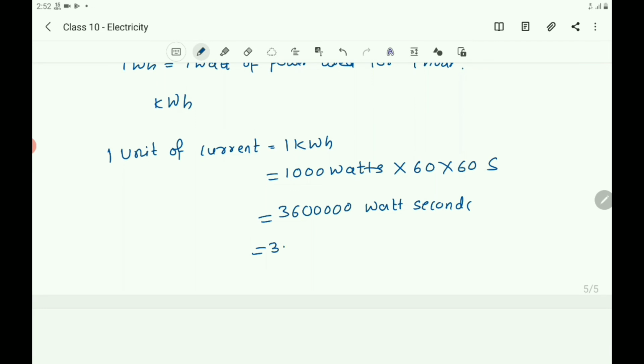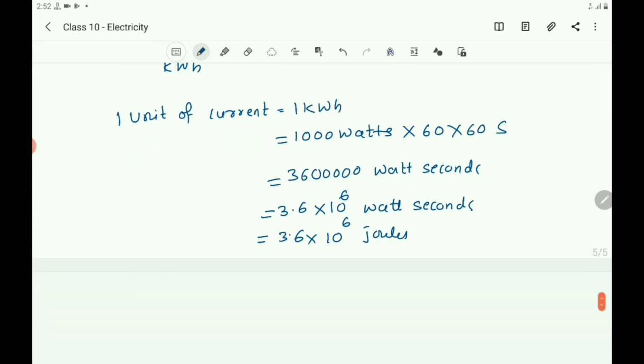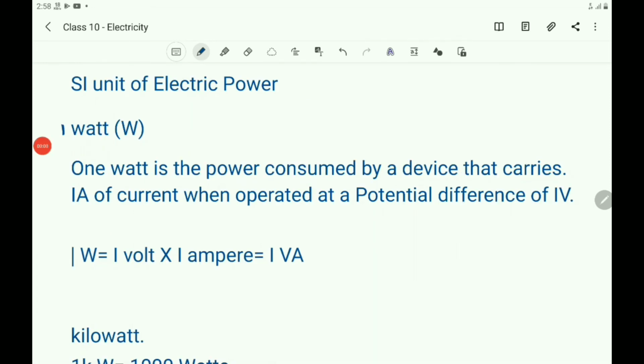That equals 3.6 into 10 to the power of 6 joules. Joule is the unit of energy, and this is the electrical energy, so you can convert this into joules.